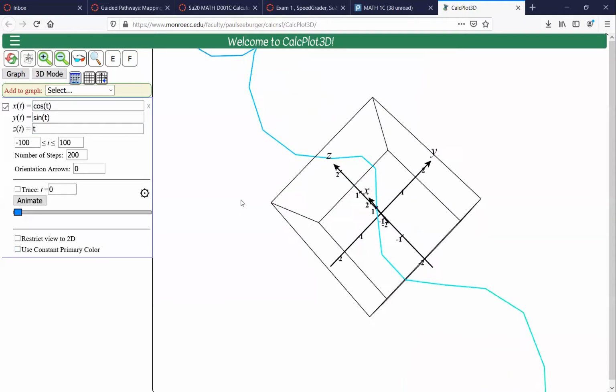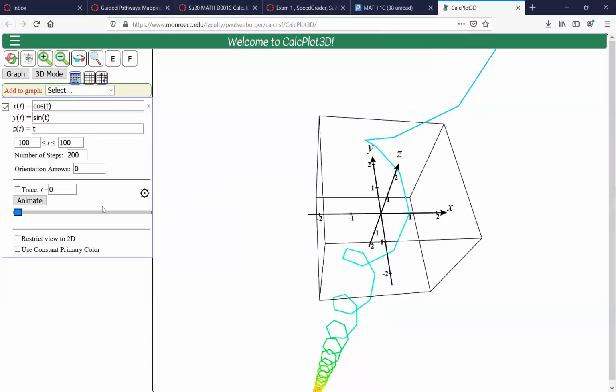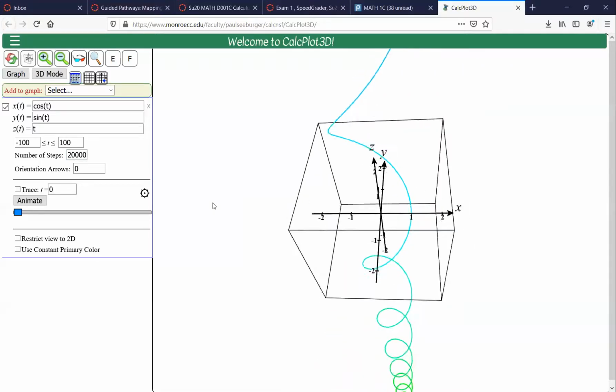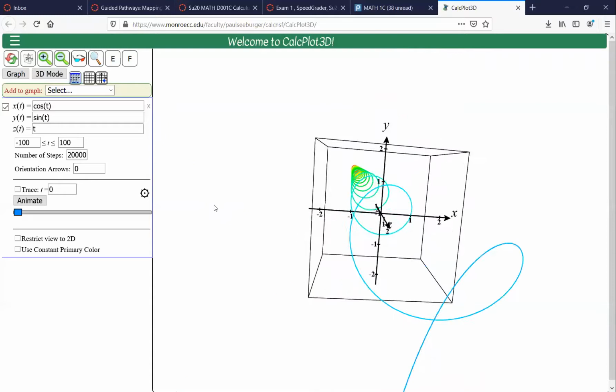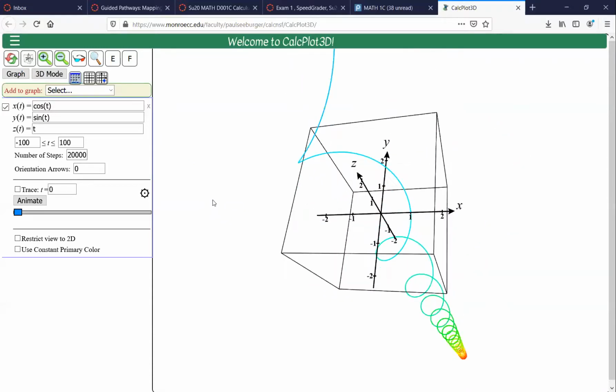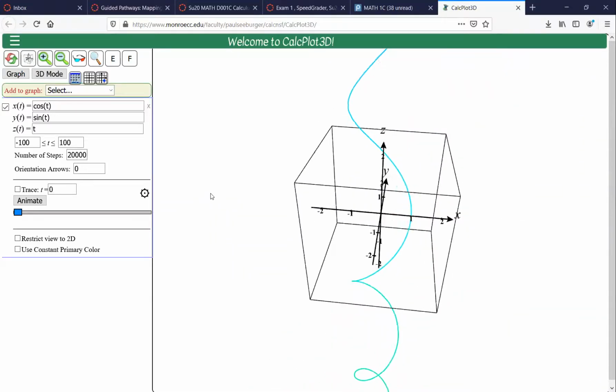There we go. This is the graph of your function. Let me just increase this to 2000 to make it smoother. This is the graph of this vector function.